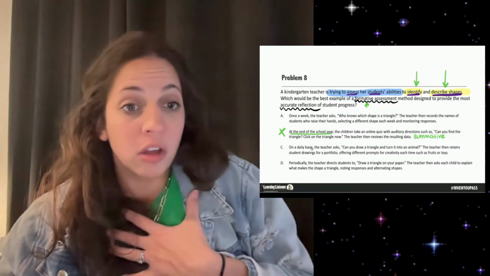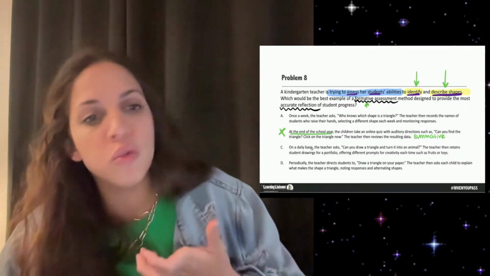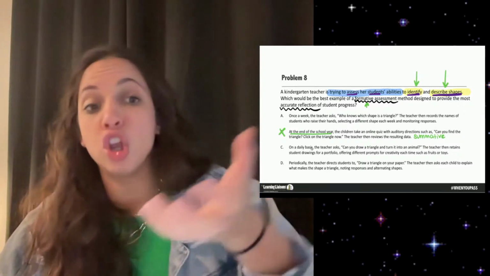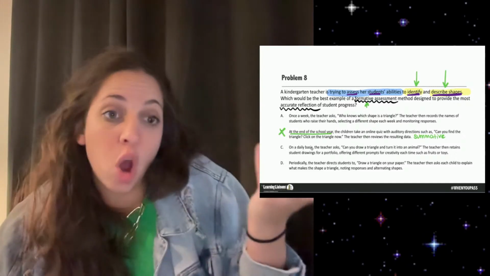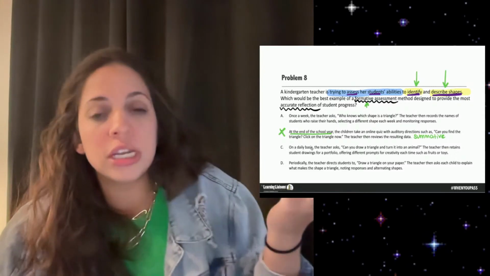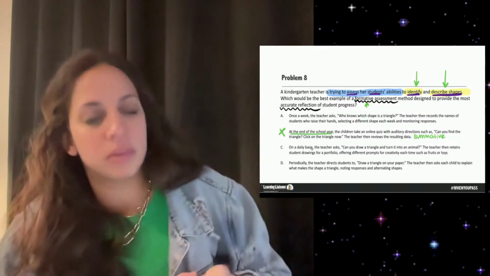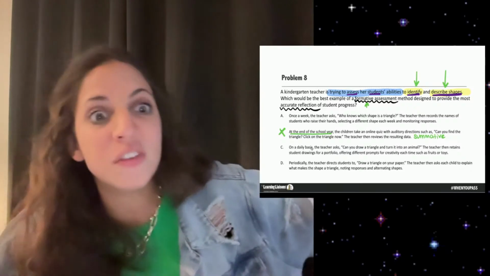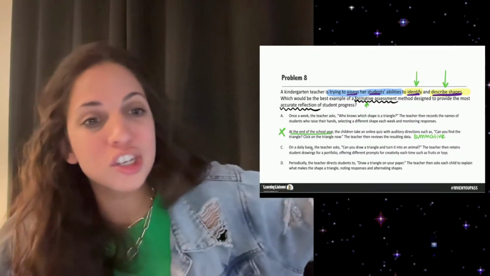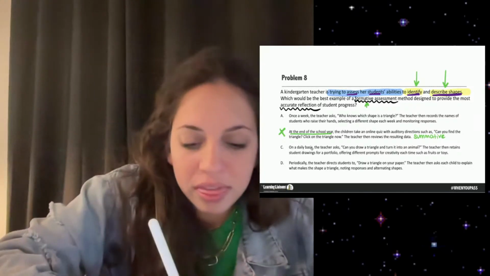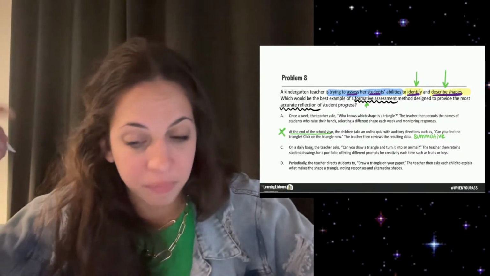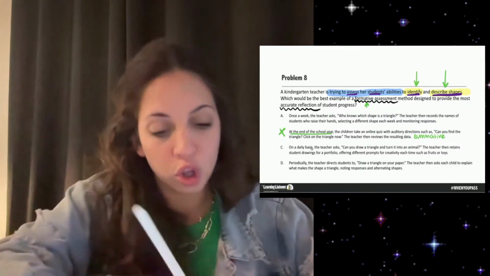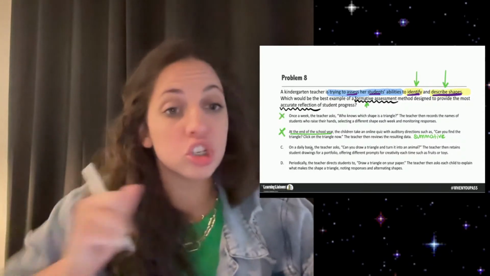I don't know what a triangle is, but the teacher doesn't know that, because all she said was raise your hand if you know what a triangle is. She didn't say, hey, tell me what that triangle is. Point, or even point to the triangle. She didn't do any of that. So while it sounds like a great idea, the teacher has no clue who can identify or describe a shape.